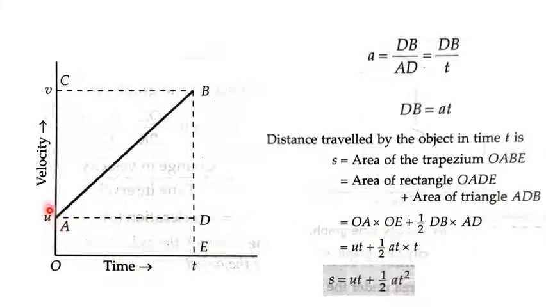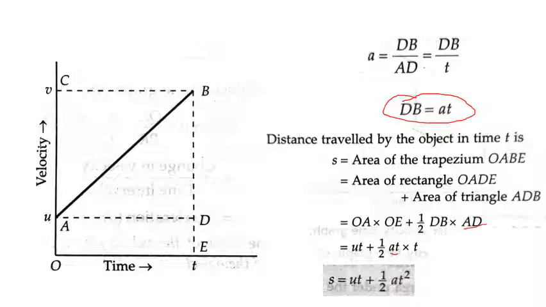OA represents your u. What does this OE represent? OE represents your time t. So OA times OE equals ut. Next, what does your dB represent? dB is at, so I have written at.